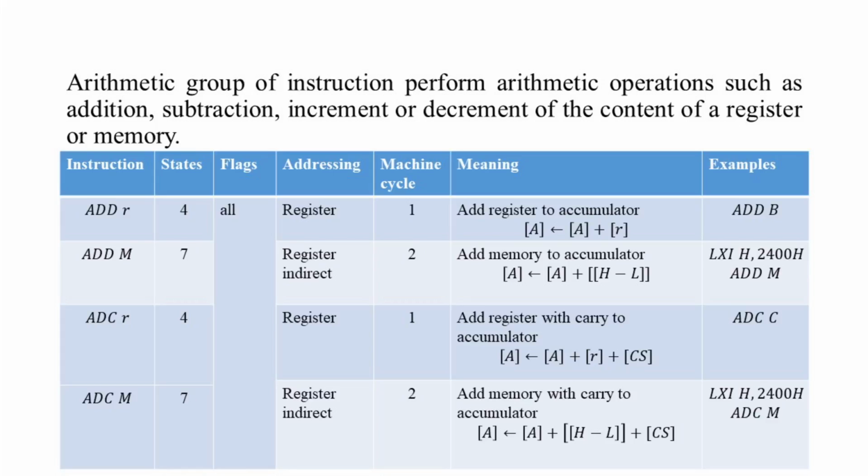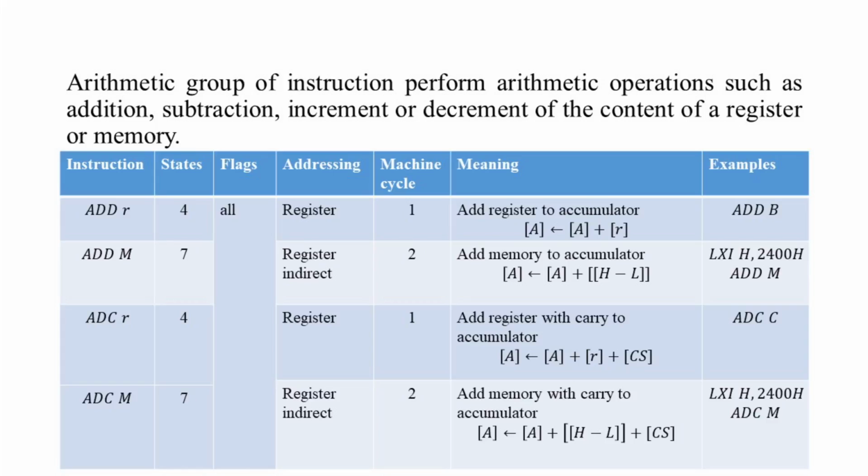Here M represents some memory location. So when we execute this instruction, the content of a memory location is added with the accumulator, and the result is placed in the accumulator. So we can say add the memory to accumulator.